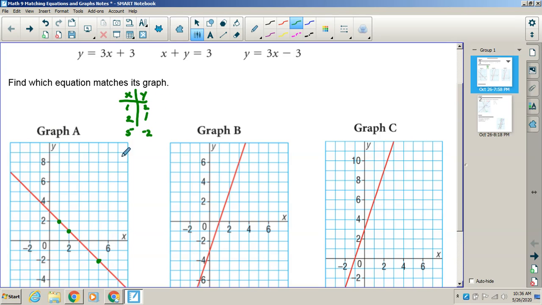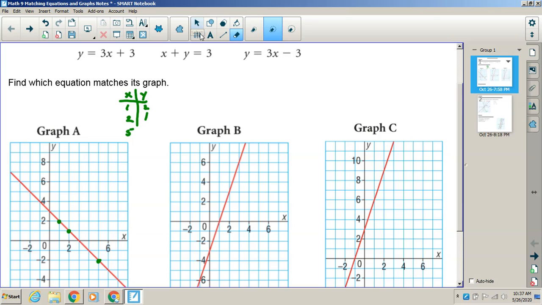So I know that these 3 points fall on graph A. In order to match up the equation with the graph, each of these points will work in one of these equations. It's a good idea to test more than one point, because sometimes graphs share a common point, but the graphs are very different. So test at least 2 points to figure out which of these ordered pairs fit into the proper equation.